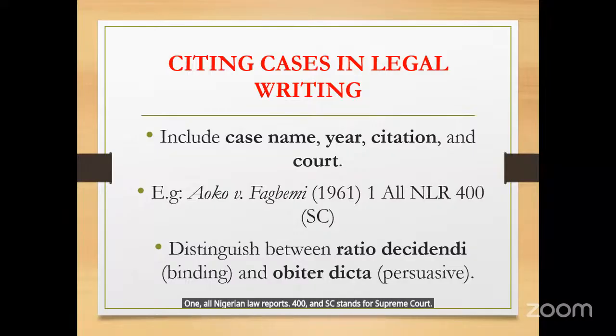It's on cases, CA stands for Court of Appeal. So the citation helps the judges or the justices to also do their findings, because we are aware that somebody can cite a law that does not exist.